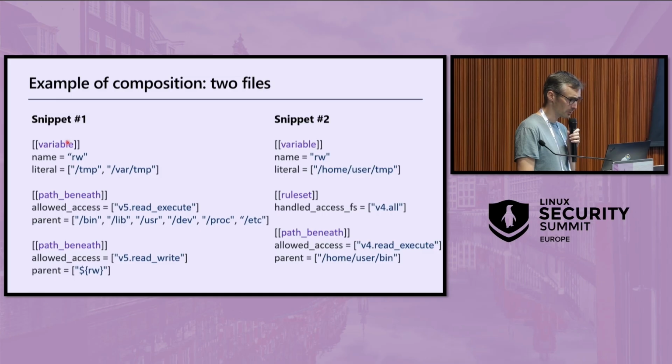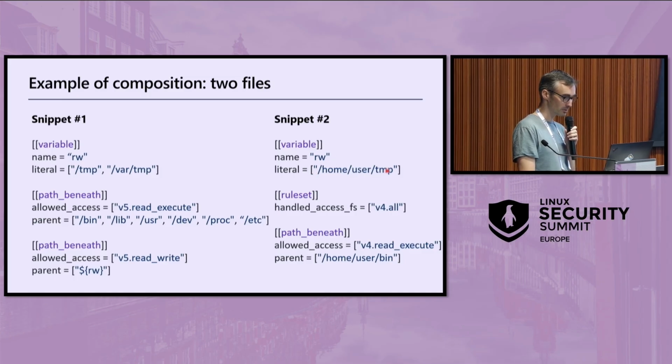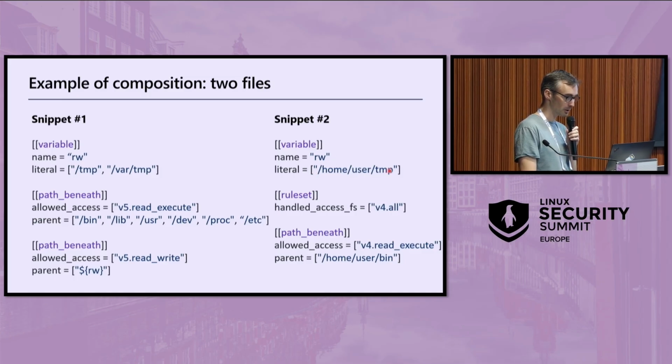This is defined with this variable. At the right, let's say it is your own security file that composes with the system one. You can also define the same variable with your own values, and that will compose and create a set of 3 values: tmp, var tmp, and home user tmp.